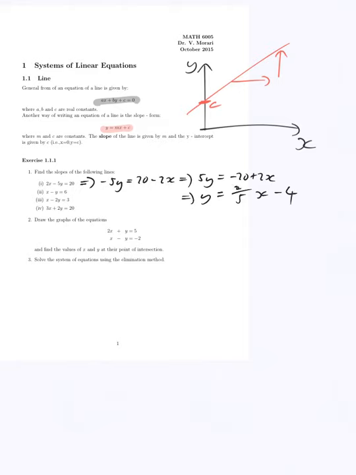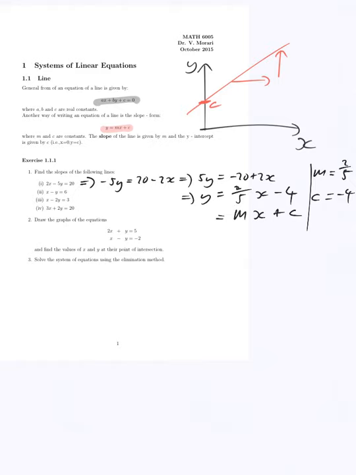So compare that to the formula above, mx plus c. That would mean that here m is equal to 2 over 5 and c is equal to minus 4. So the slope there is 2 over 5. You can try the other ones down here.